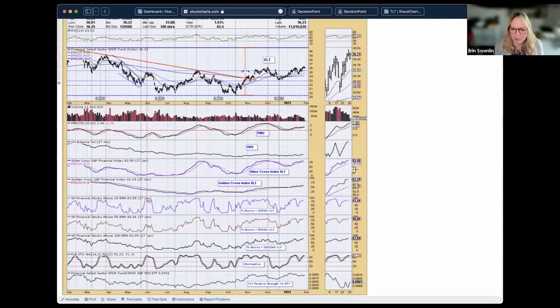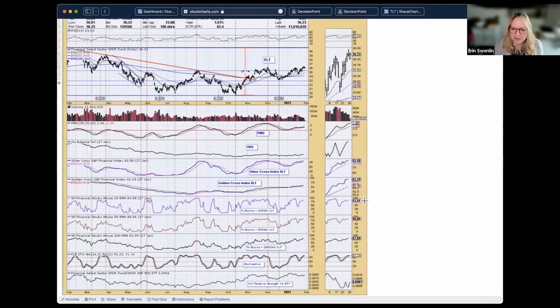Both are rising pretty much. You're seeing a little bit of a flattening out here. We'll have to see what it looks like after the close. But stochastics are above 80. Notice that the relative strength line is starting to improve as well. And percent of stocks above their 20 and 50, pretty healthy here. But notice that the percentages are very close to the Silver Cross Index.